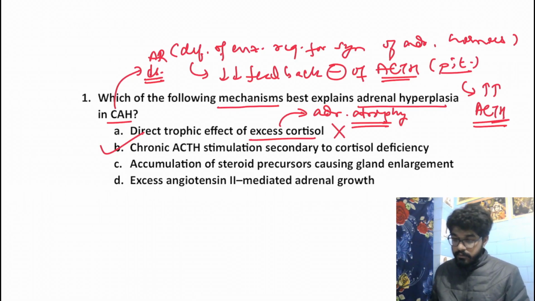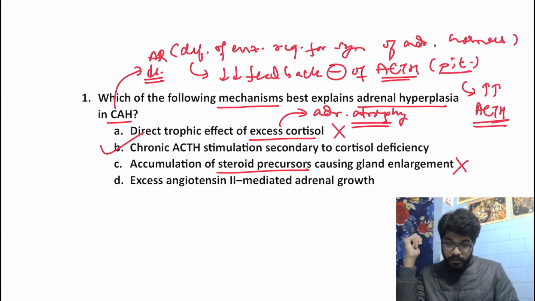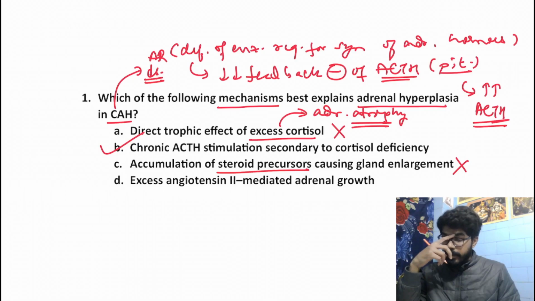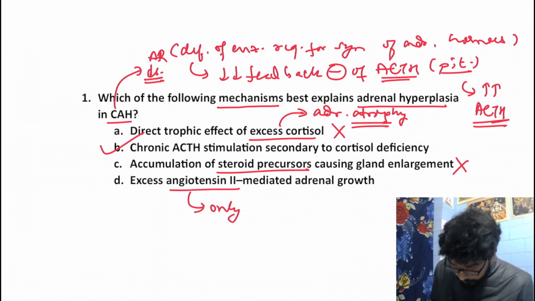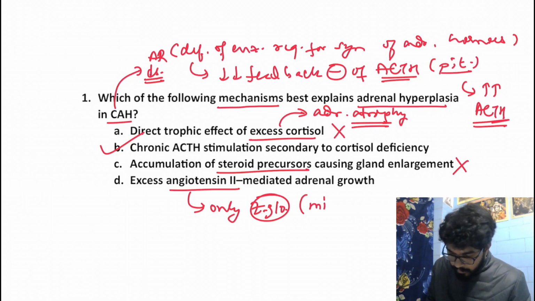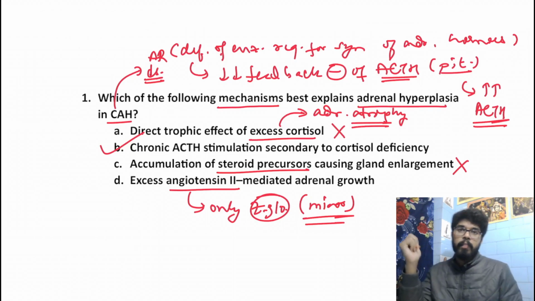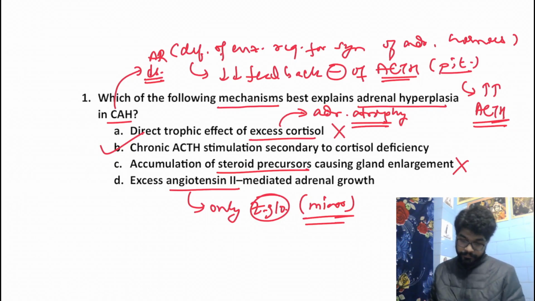Accumulation of steroid precursors causing gland enlargement, no, steroid precursors do not cause gland enlargement. Then excess angiotensin 2 mediated adrenal growth, see, angiotensin 2 can have some trophic effect on zona glomerulosa, only the zona glomerulosa, not the other ones, and it does play a very minor role. Okay. So option B should be a better choice.